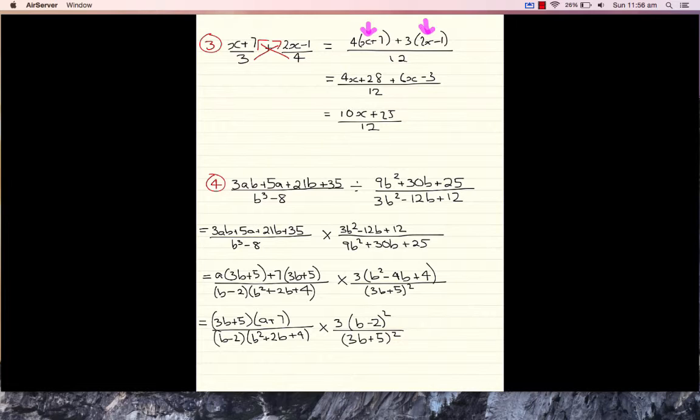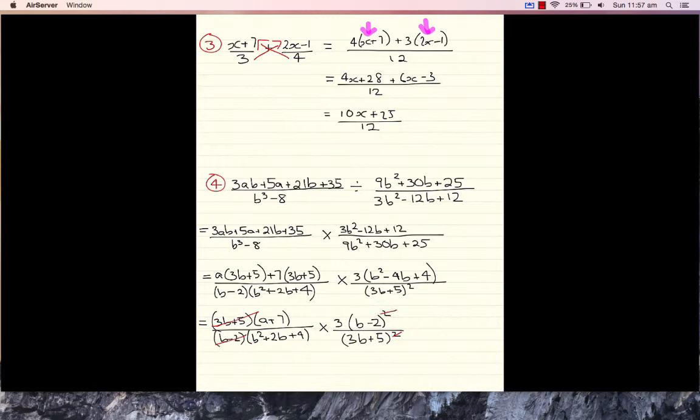So now we start looking, well, what can I factor out here? Well, I've got a 3b plus 5, so I can cancel out one of those. Now, when we're cancelling out with fractions, it's basically one on top, one on bottom, and it doesn't matter which part of the fraction they come from, because all of the numerators are going to end up together and all the denominators are going to end up together. So we can cancel out across the fraction as well.